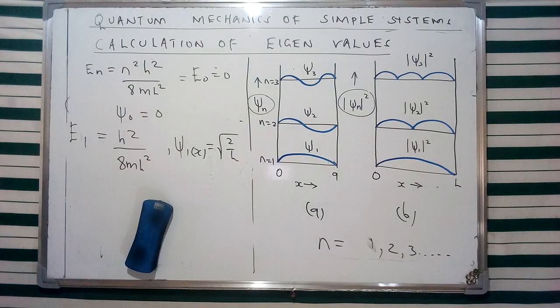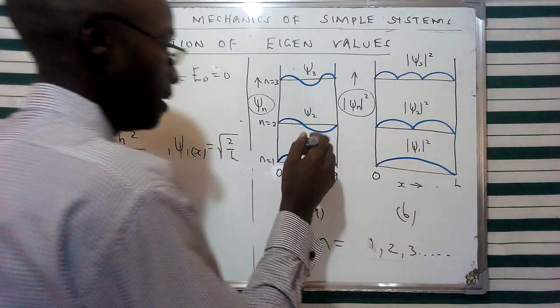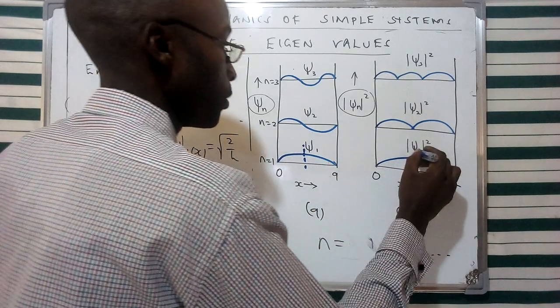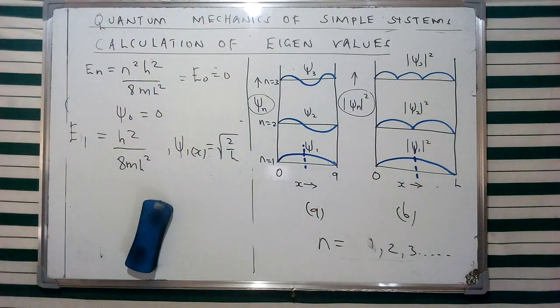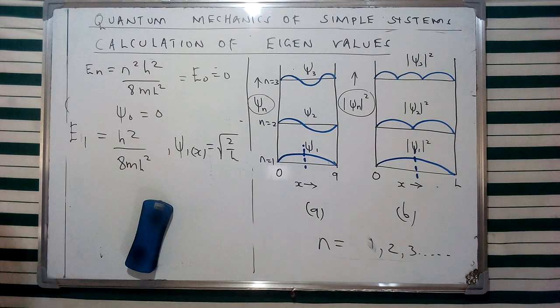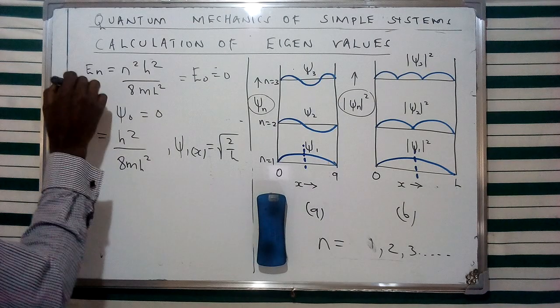So at this specific point, we are going to have a maximum displacement, which is going to represent the maximum value for that probability of finding an electron for both the wave function and the square of the wave function given as such.